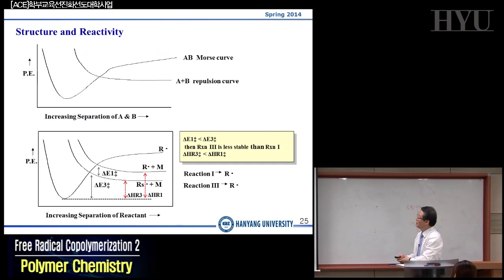If you divide the potential energy between A and B, the attractive forces will follow this line, whereas your repulsion will increase from the minimum potential energy.